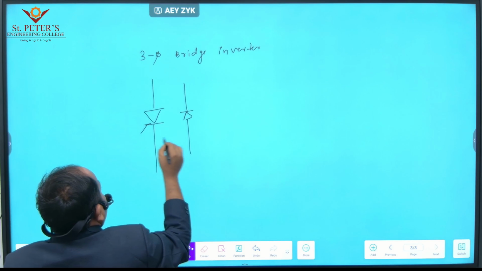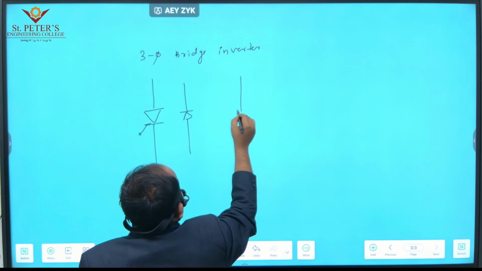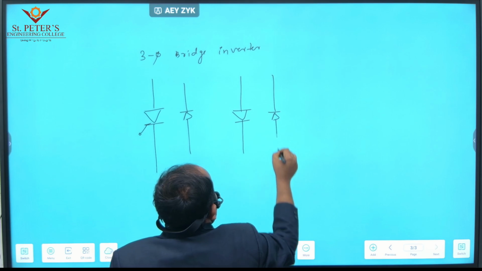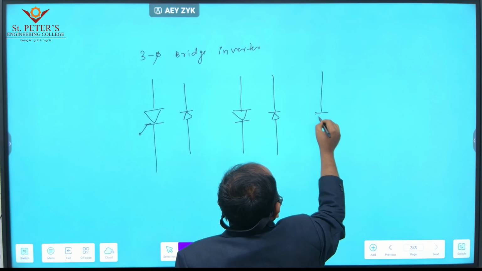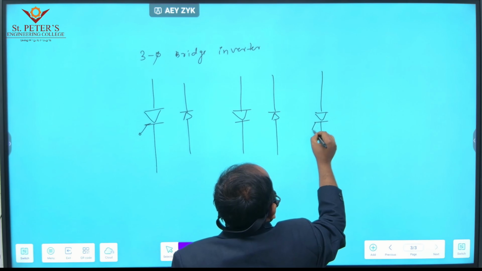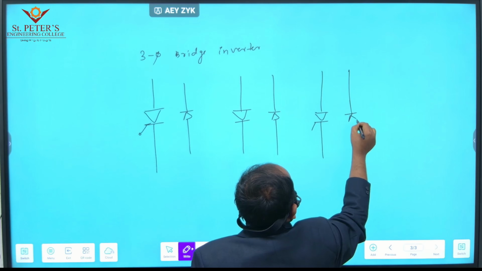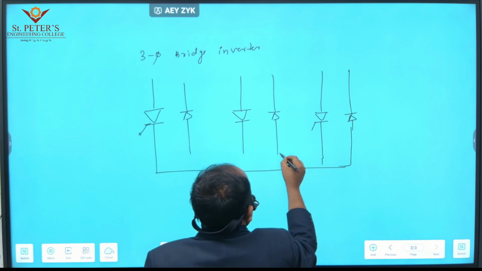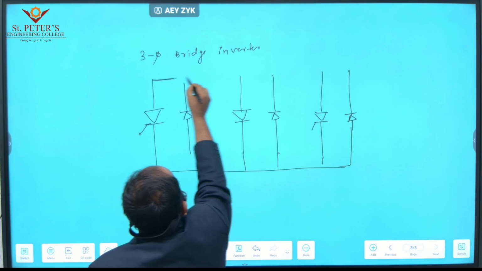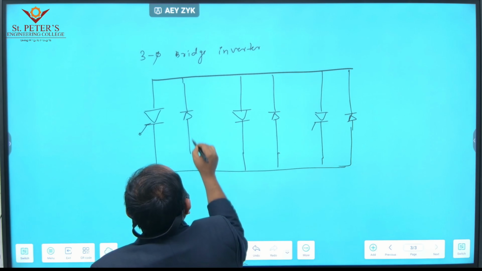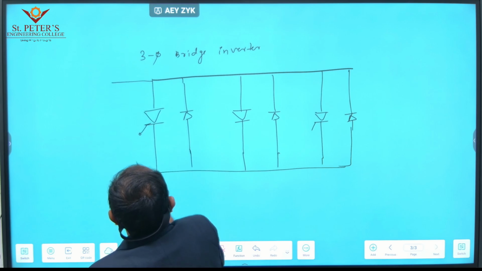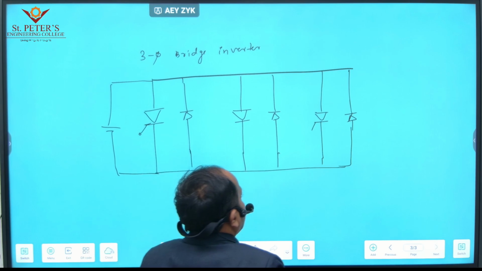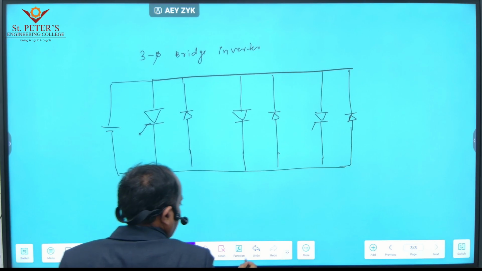That means it contains six switches or six thyristors and six diodes which are connected anti-parallel.